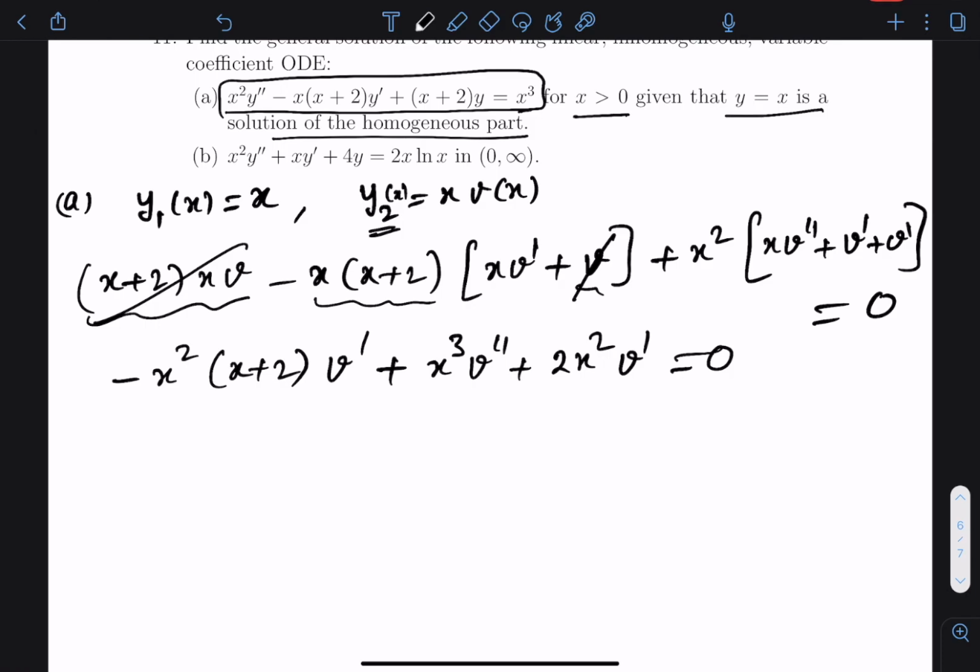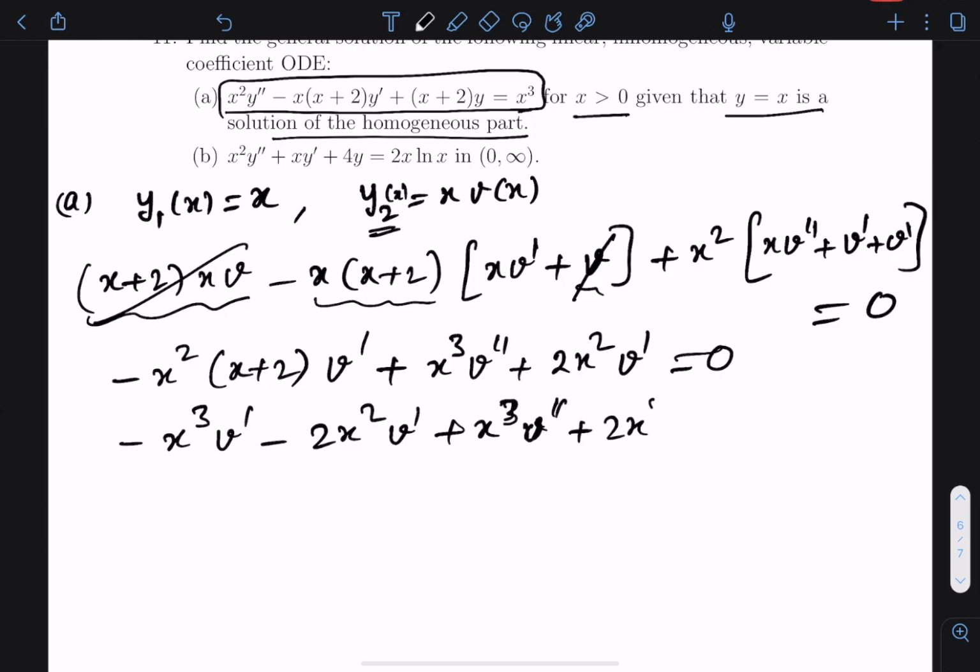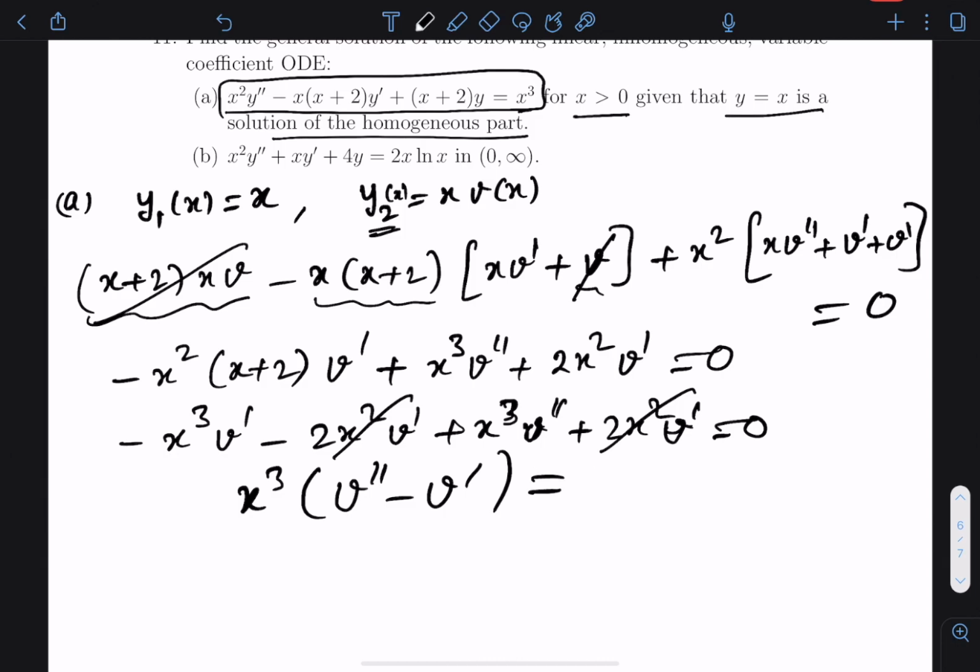Okay, and here you see there is a minus x cube v prime minus 2x square v prime, x cube v double prime plus 2x square v prime equal to 0. So this 2x square v prime cancels off. What is left is x cube v double prime minus v prime equal to 0.